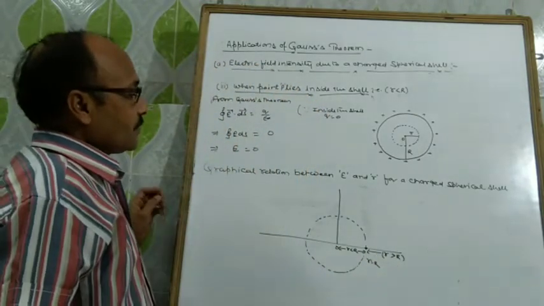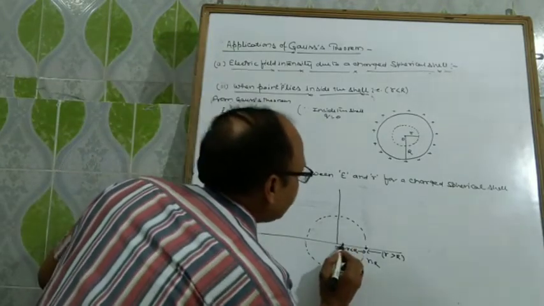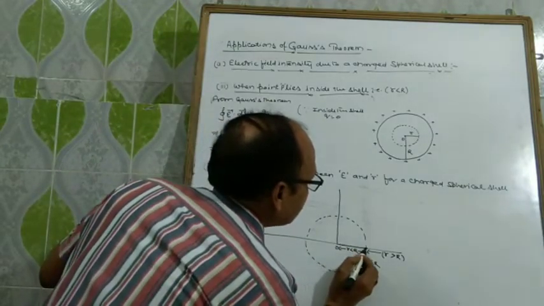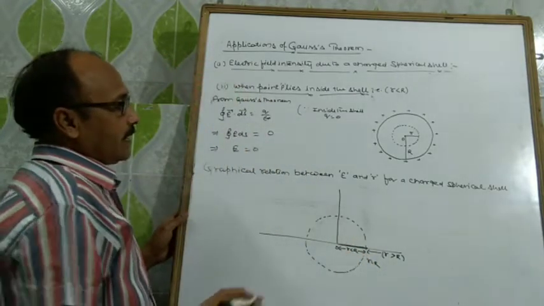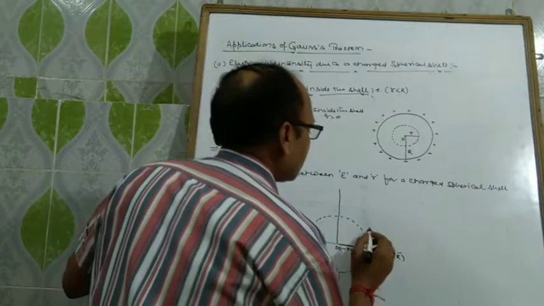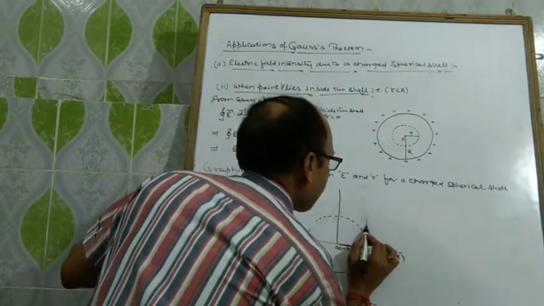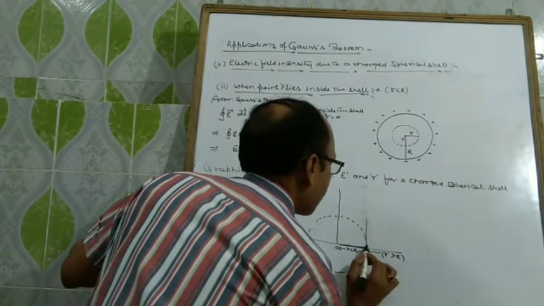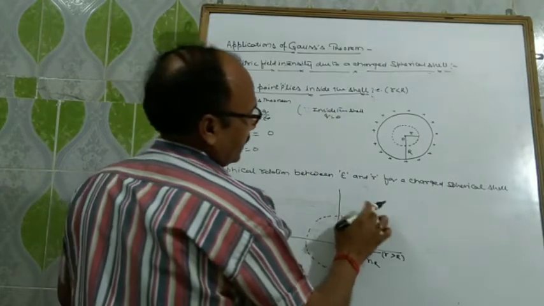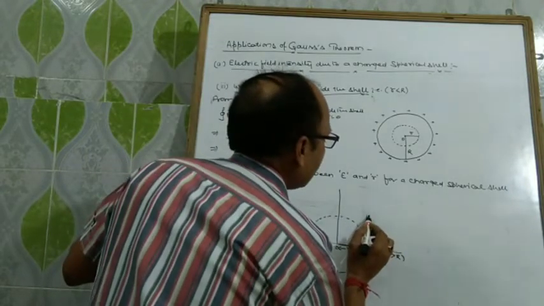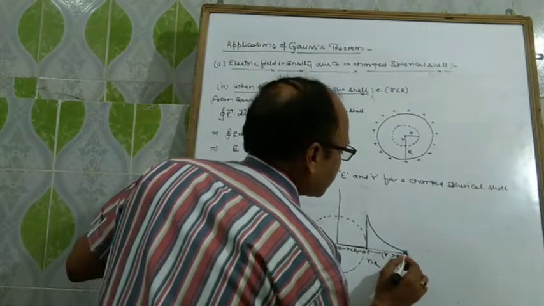Inside the shell the electric field intensity remains 0, so you have to draw a straight line like this. At this point the electric field intensity becomes maximum. And beyond this it changes like this.